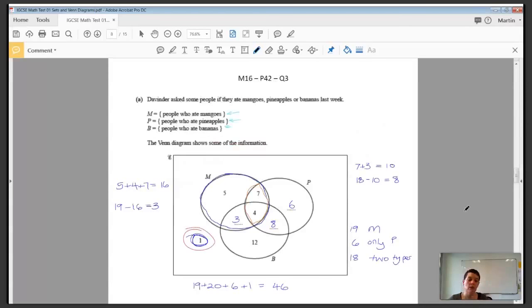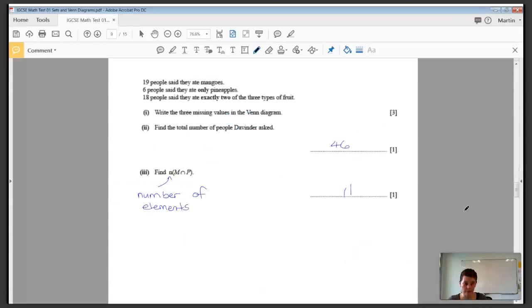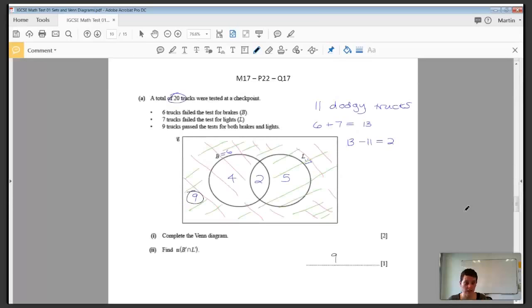We looked at putting numbers of elements rather than numbers themselves into a Venn diagram, and again finding the number of elements. And we finished off with, again, looking at number of elements and putting them in the right places. So all the questions are basically variations on the same theme. If you can get yourself happy with the basics, then you're set to go. Practice, practice, practice. And truly believe that Venn diagrams are not out there to make your life miserable.